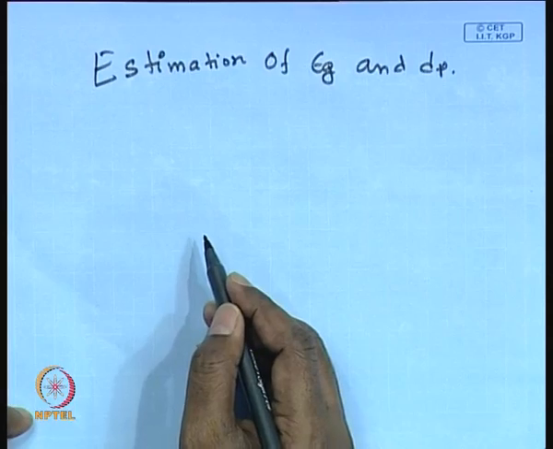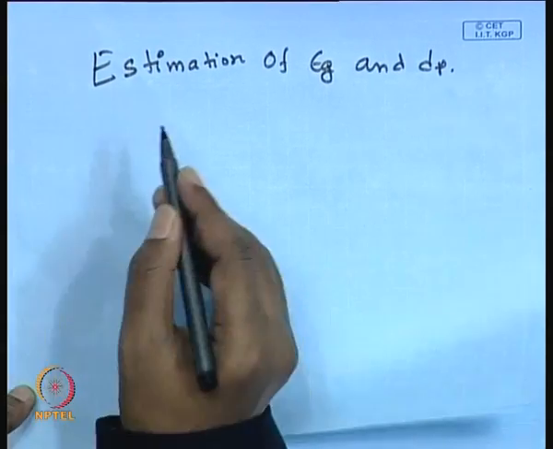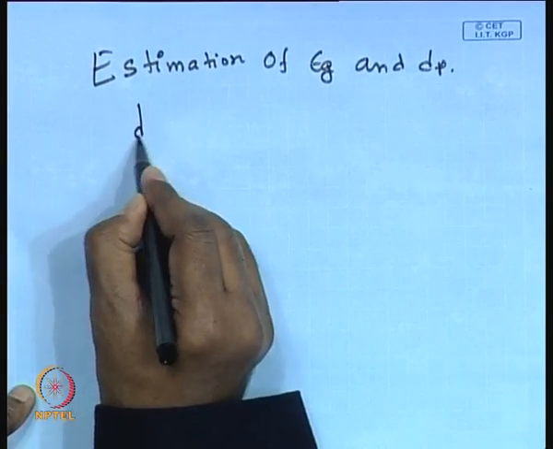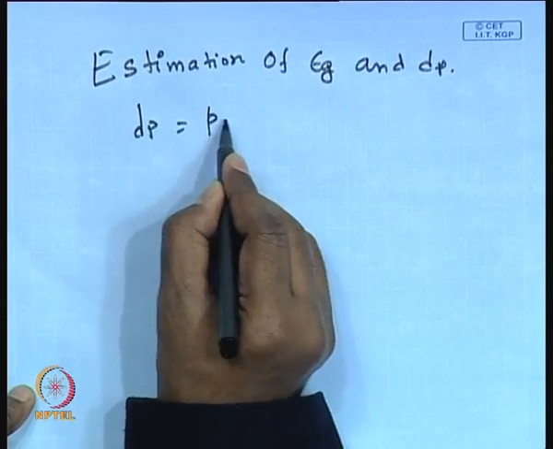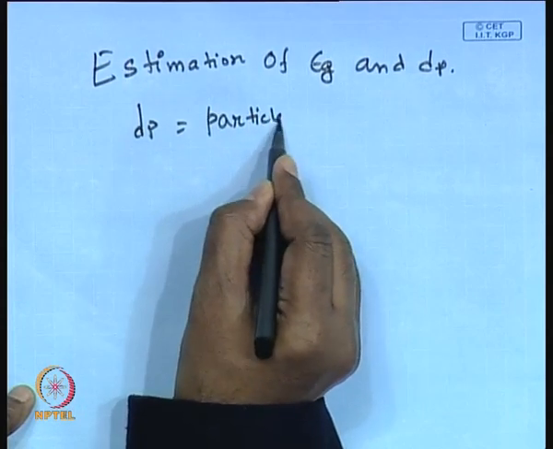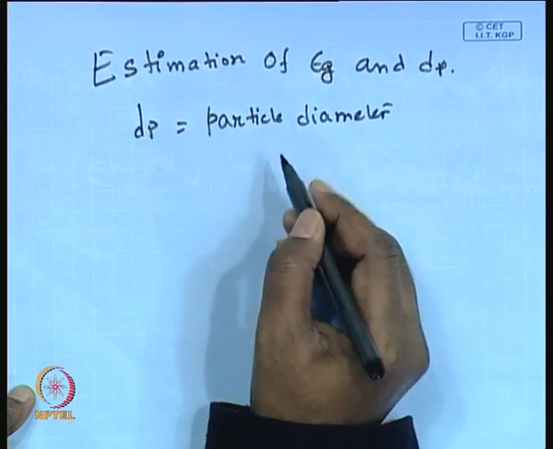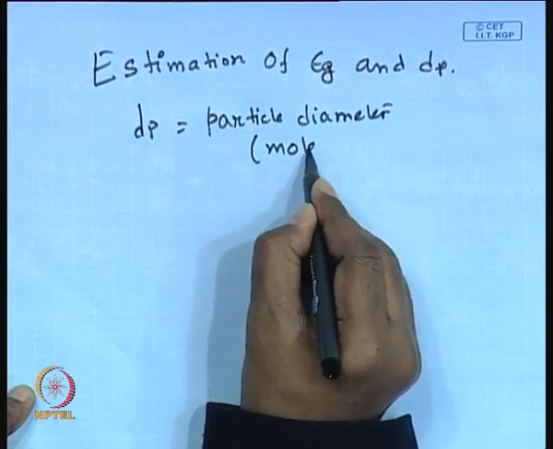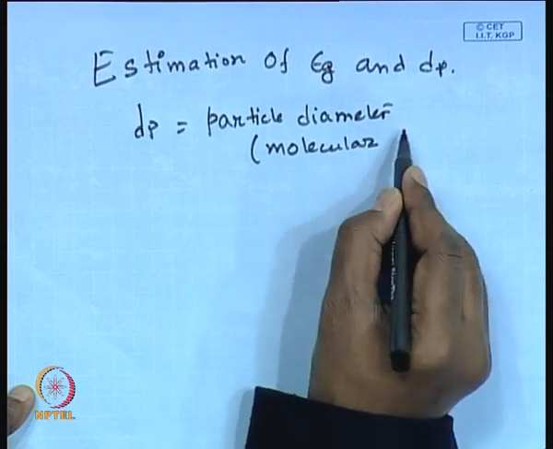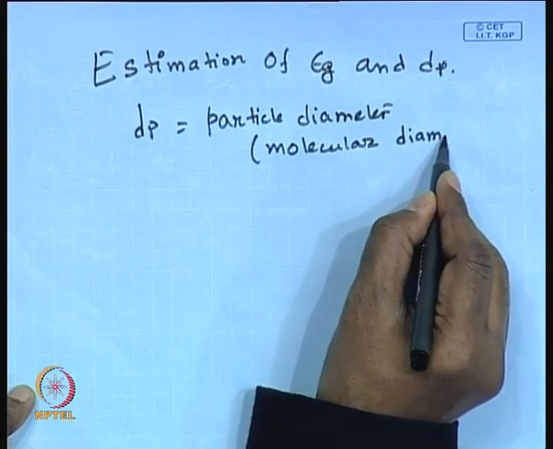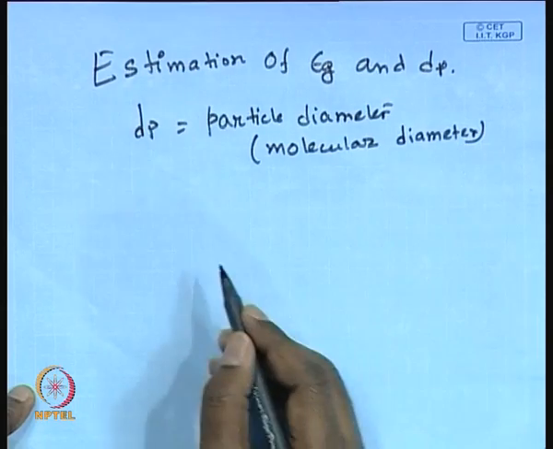Okay. Now, we do a small derivation here. Let us consider dP is the particle diameter, that is nothing but the molecular diameter. Okay.